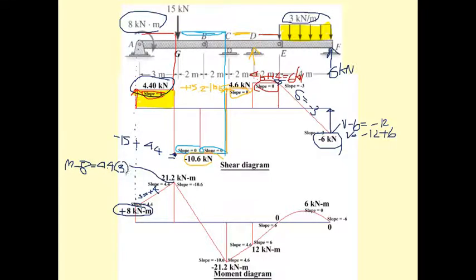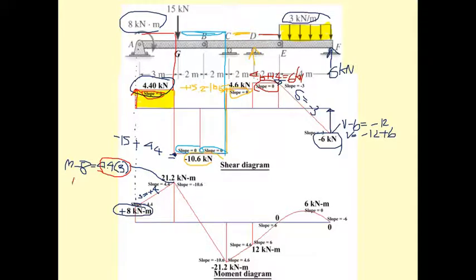You put the 4.4 times 3 into your calculator. 4.4 times 3 is going to be 13.2.